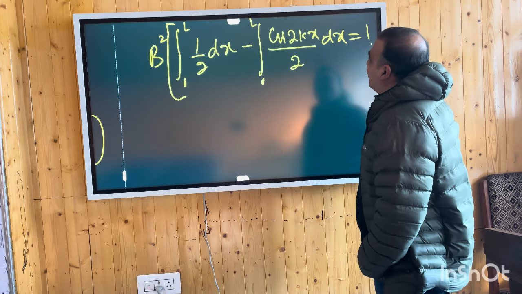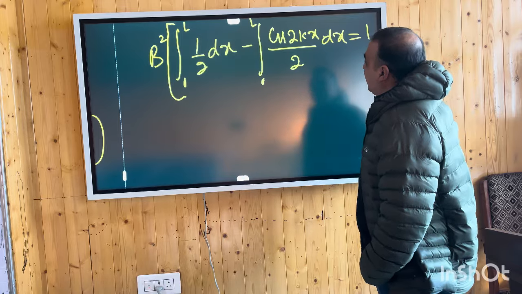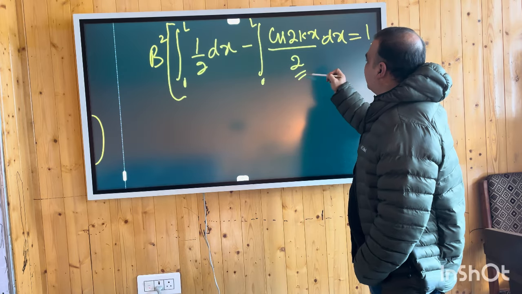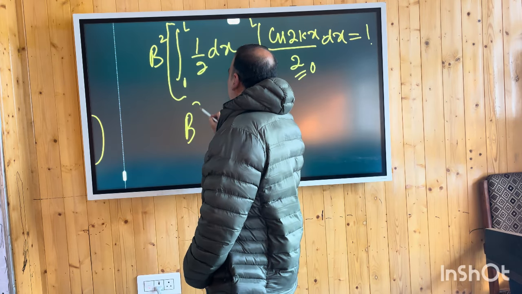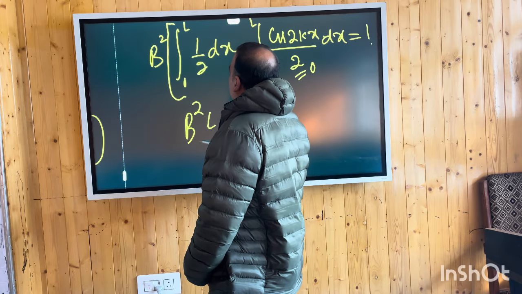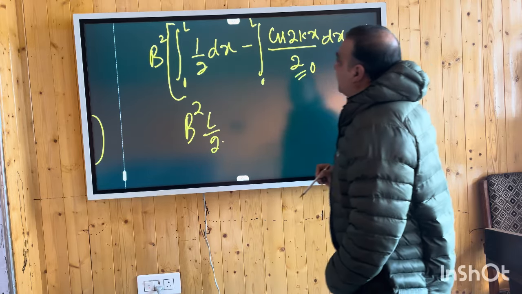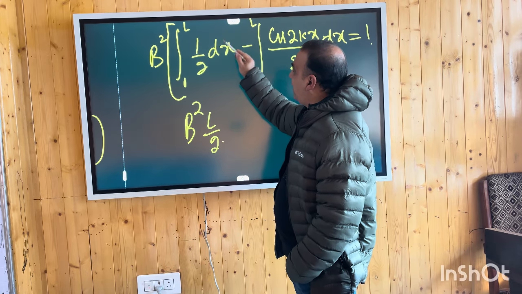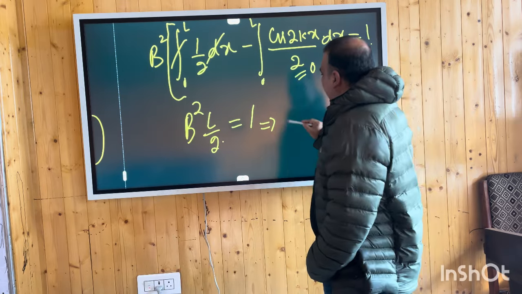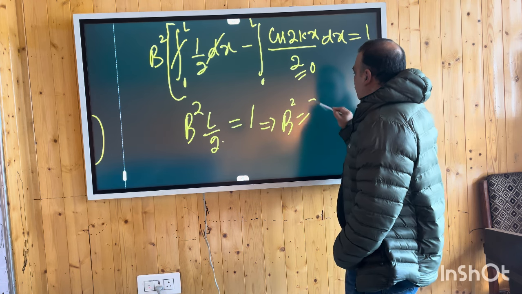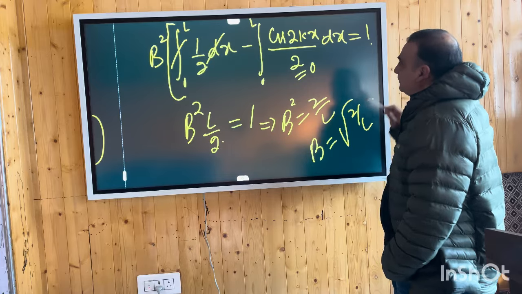Once you use the limits for this integral, you will immediately get this integral equal to 0. So you'll be left with b squared L by 2, because the lower limit is 0 and the upper limit is L, and this equals 1. This implies b squared will be 2 by L, so b is under root of 2 by L.